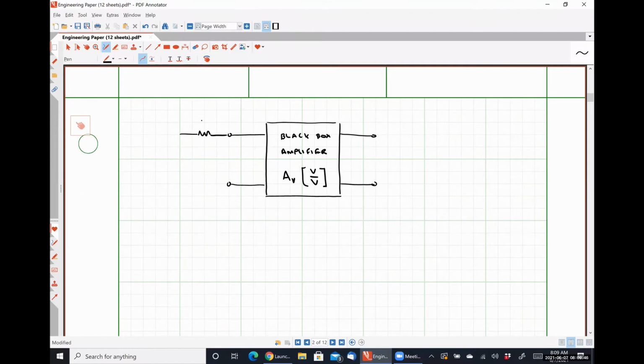And for the sake of argument, I'm going to say that that source has some finite impedance associated with it. And over here on the output side of our amplifier, we're going to use our amplifier to drive a load.